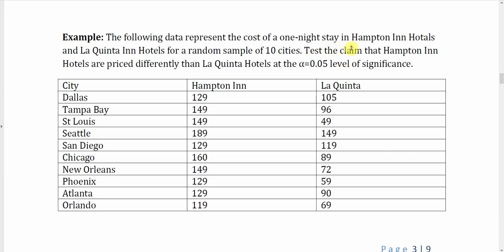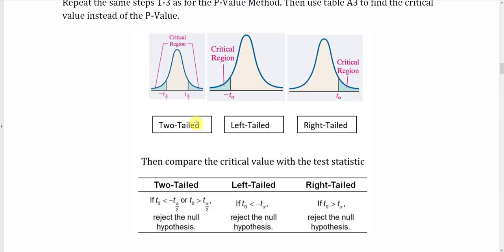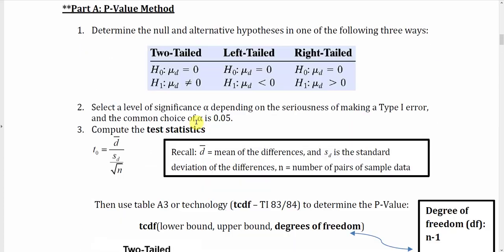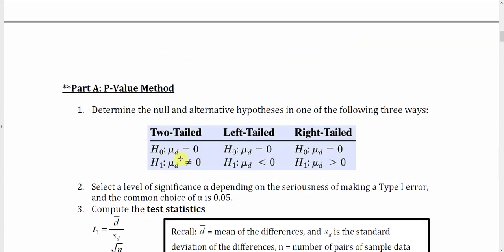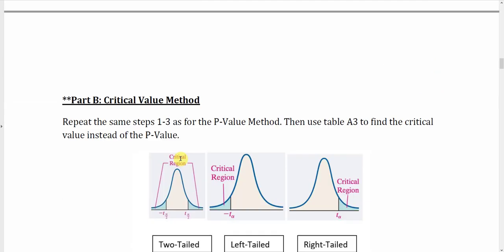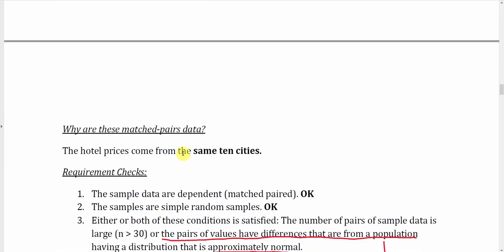They want you to test the claim that the Hampton hotels are priced differently than the La Quinta hotels at the level of significance alpha equals 0.05. So they just want you to test the claim that the prices are different. Different means two tails, right?